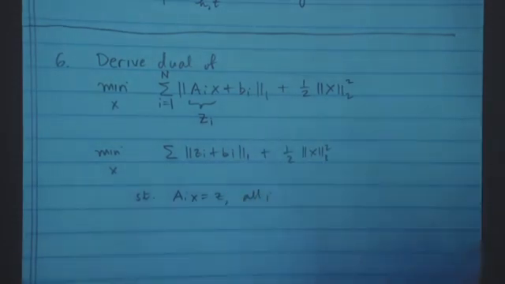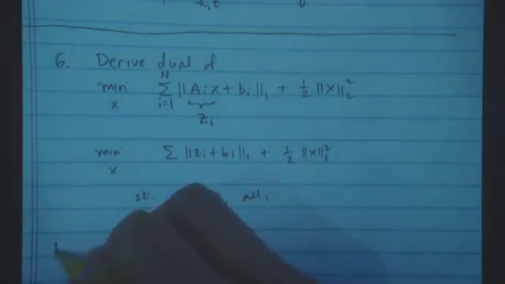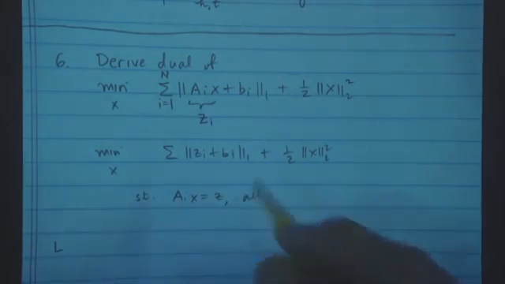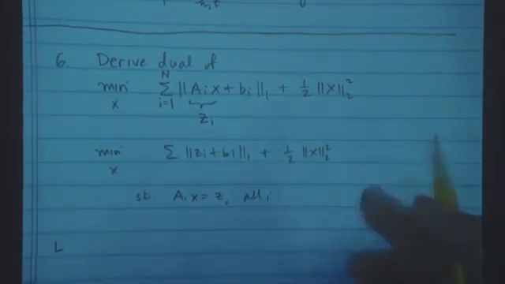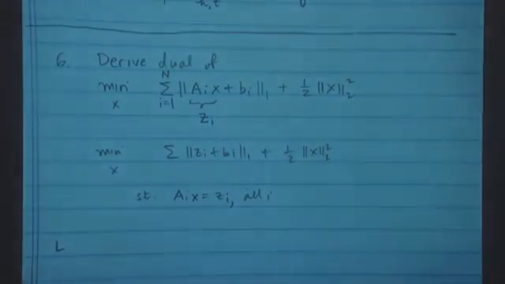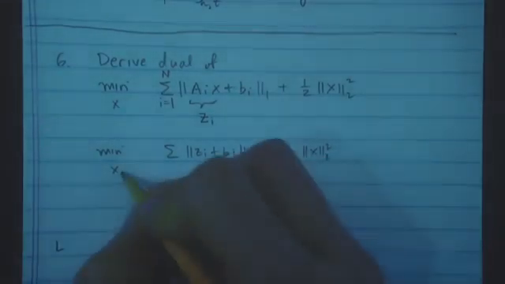Okay, so now we go through the regular steps for constructing a dual. We put this into the criterion. Okay, so the Lagrangian, now we're going to associate one dual variable with each of these constraints. Each of these constraints is actually, sorry, this should be zi, right? X and z, and all zi.